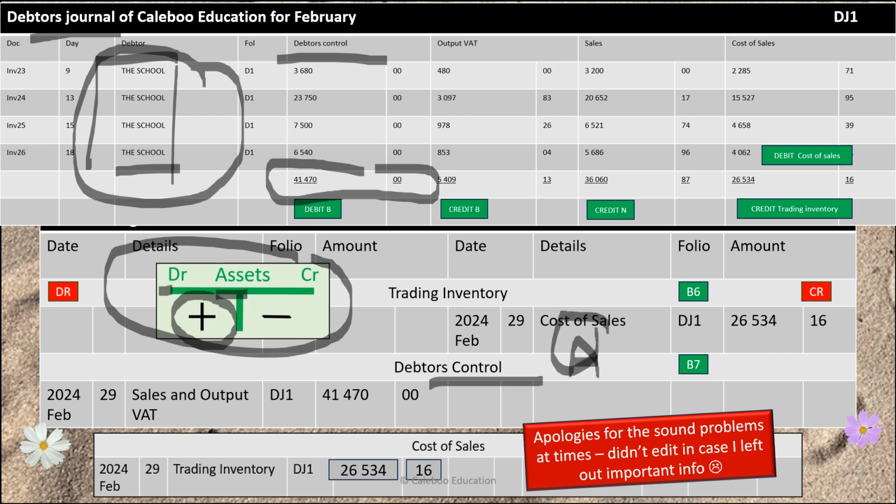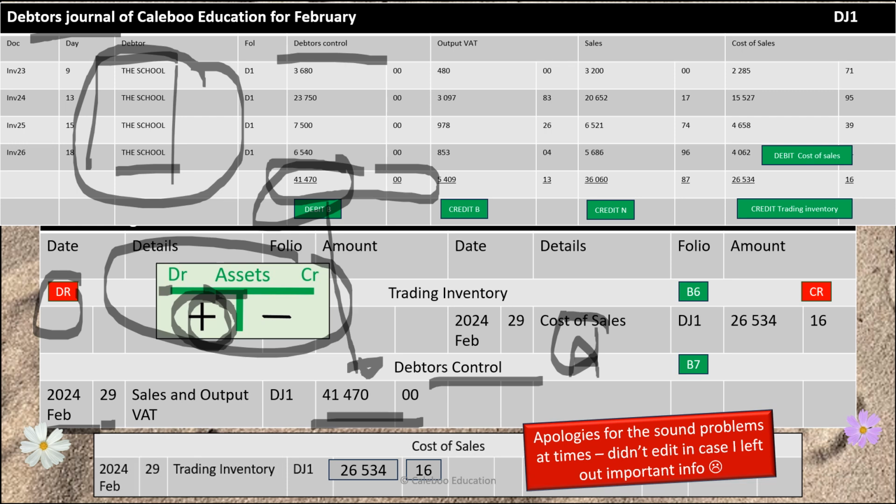We debit the account, and on the last day of the month we take the total of the column, 41,470, to the debit side of debtors control because we had an increase in assets. The debtors owe us more. So hopefully that makes sense why it's entered on the debit side of debtors control.